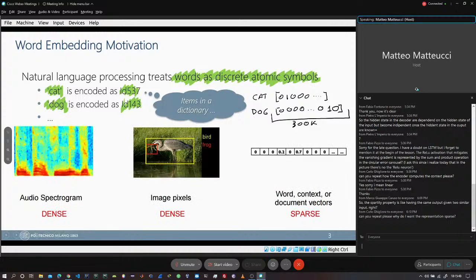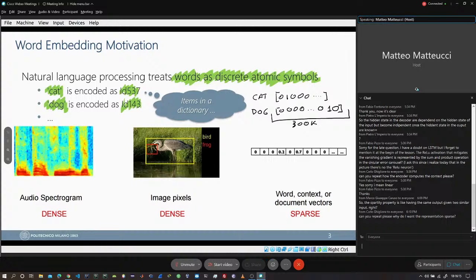And this is very different from what is done in audio, where you have a very dense representation. And density means that you can build a distance metric in this space, and you have a sort of smoothness in this space. And the points in this space, since it is dense, are very similar to each other when they are very close. And the same holds for an image.